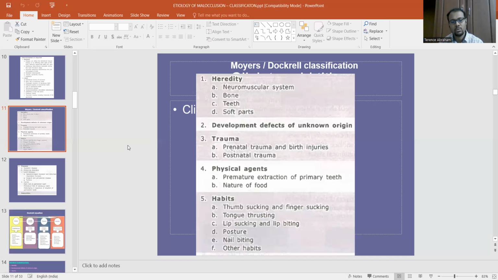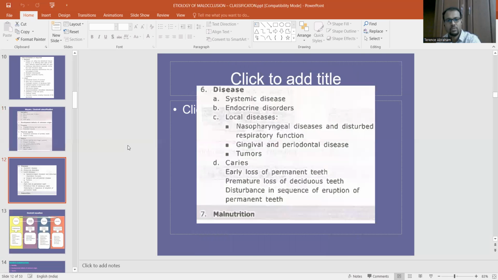Various habits are also an important factor in the cause of malocclusion: thumb sucking, finger sucking, tongue thrusting, lip sucking, lip biting, various abnormal postures of the head and neck, nail biting, and various other habits are the main causes of malocclusions.